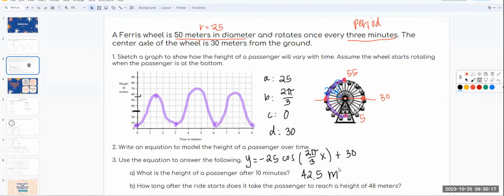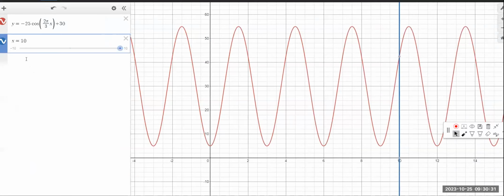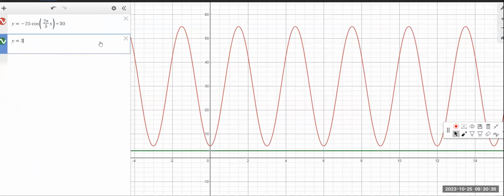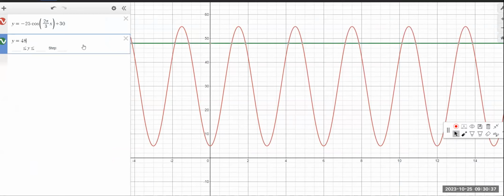Part B, how long after the ride starts does it take the passenger to reach a height of 48 meters? So we can plug in 48 for y, y equals 48, or use Desmos. Y equals 48, because height is the y value.